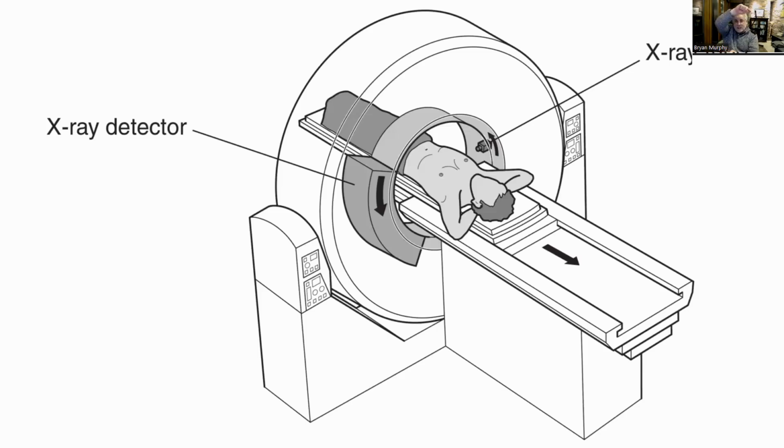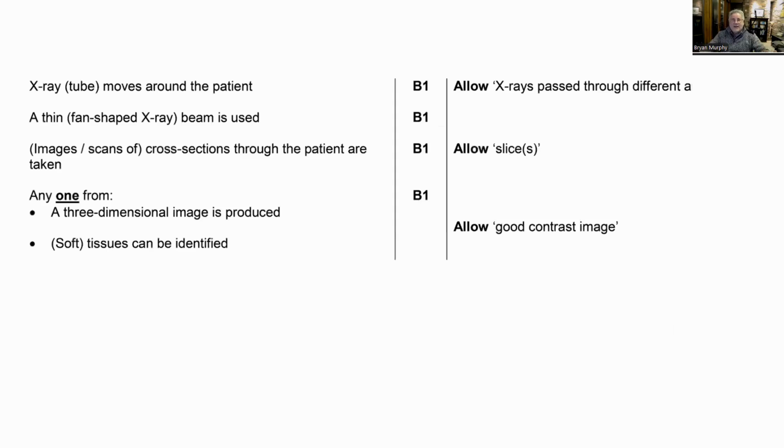The X-ray tube shines up at different angles through the patient, and all of these images from each of those positions are fed into a computer, and the computer works out what's going on. Okay, now it's quite straightforward. They're not going to ask you many things about it. So that is the mark scheme. What is a CAT scan?